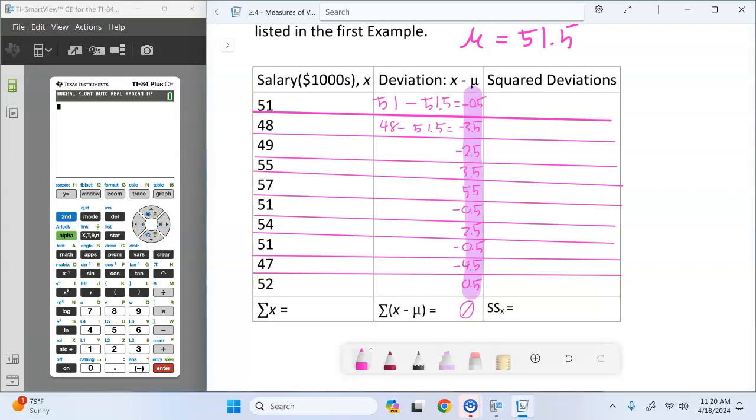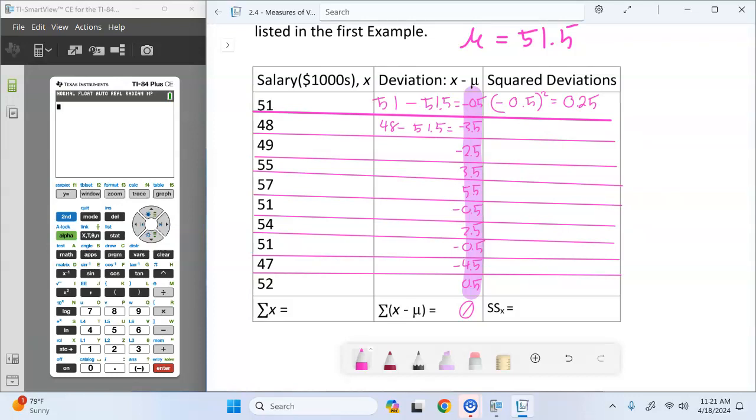Because of that, we have to do the sum of squared errors. The sum of my errors just gives me 0. That doesn't do anything for me. So we have to use a little mathematics, and we use the sum of the squared errors. We take negative 0.5 and we square it. What do we get? Positive 0.25. Your squared errors will always be positive, so that when we sum up our squared errors, we'll actually have a useful number.